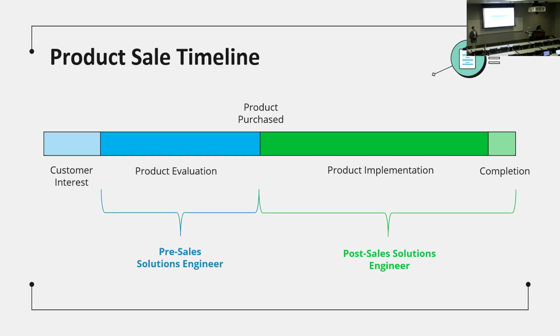The pre-sales solutions engineer is focused on showing that the product you're working with is going to solve the problem optimally. So they're working with the customer before the sale has gone through, trying to display to them that our product is the best fit for your problem.